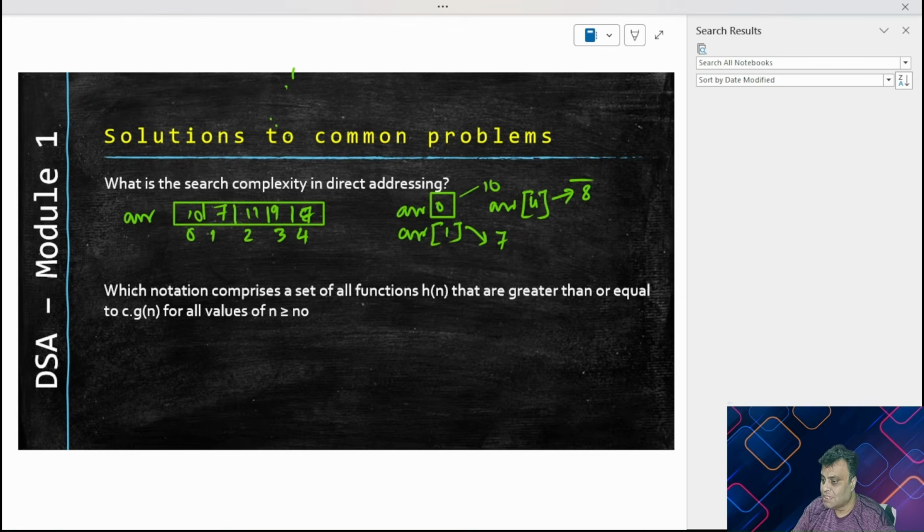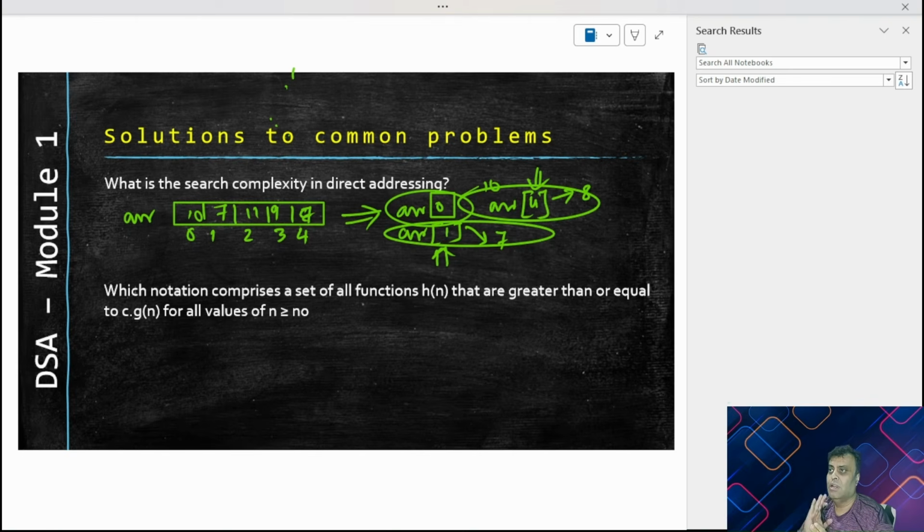So what is the time taken to access an element using this method? What is the search complexity when you are trying to search an element by its index? We are saying, at the fourth index, does the element 8 exist? Or does the element 9 exist?